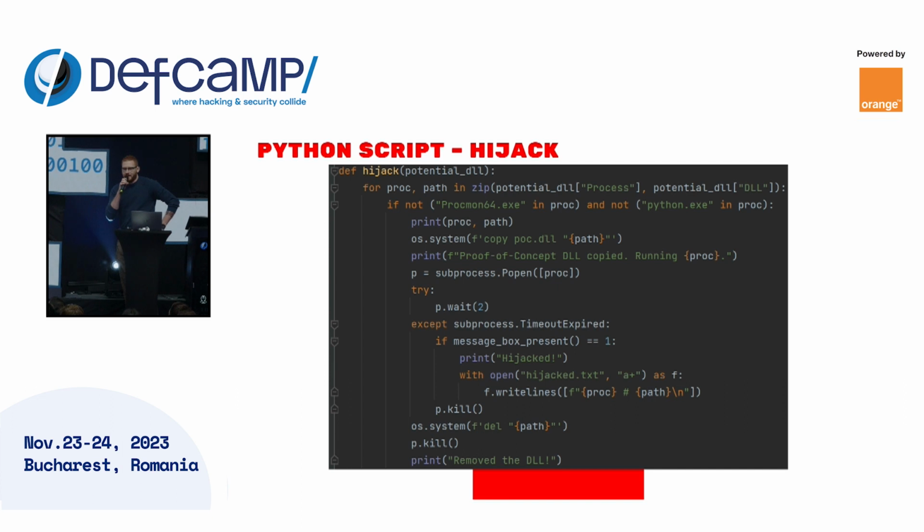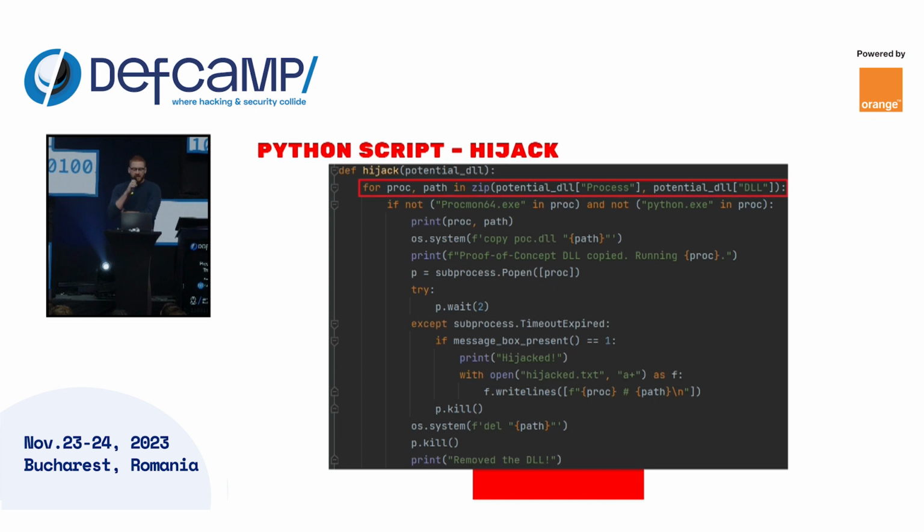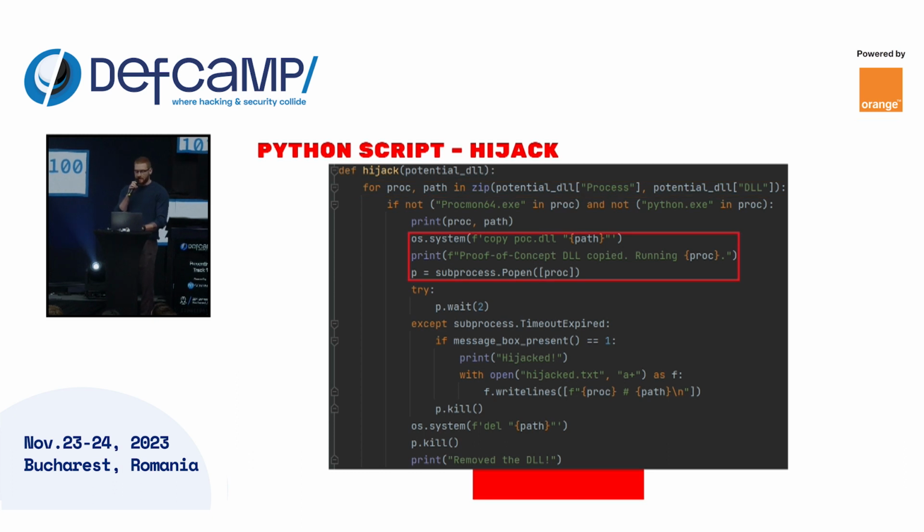Cool. And here is the function that does all the magic and puts it all together, the hijack function. We iterate through our list of applications. We iterate through our list of DLLs associated with those applications and copy our proof of concept into each DLL path one at a time.